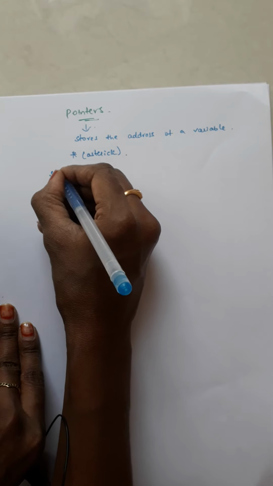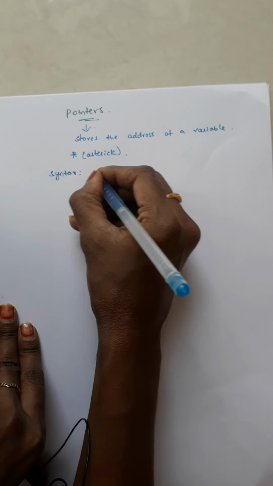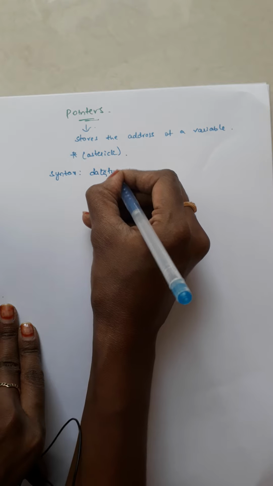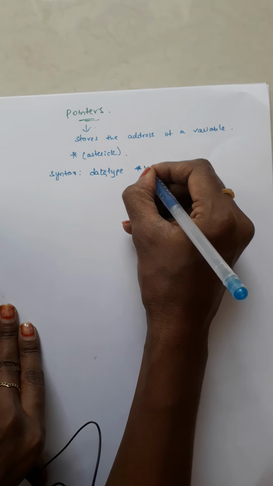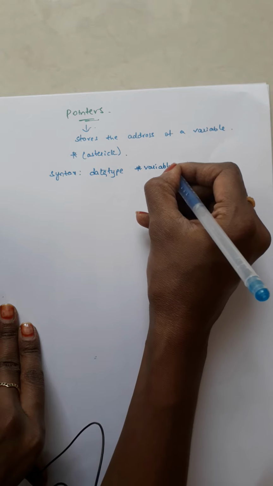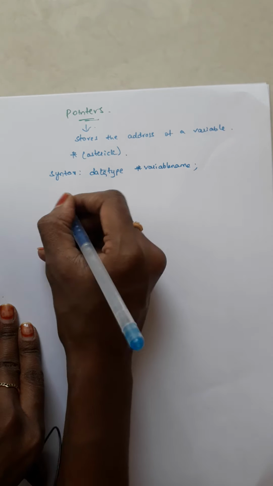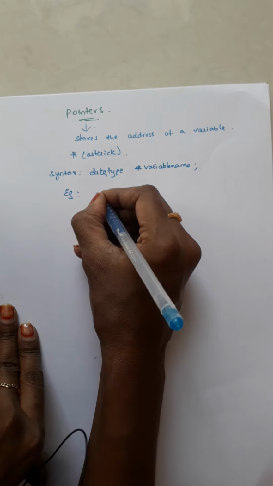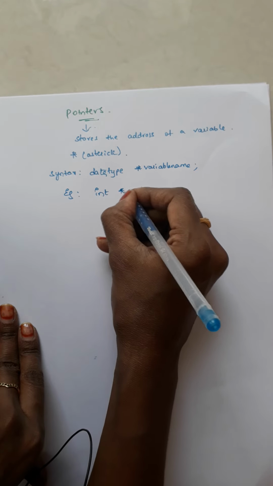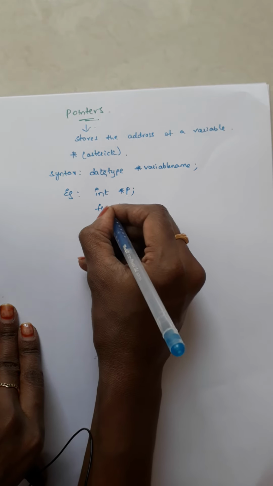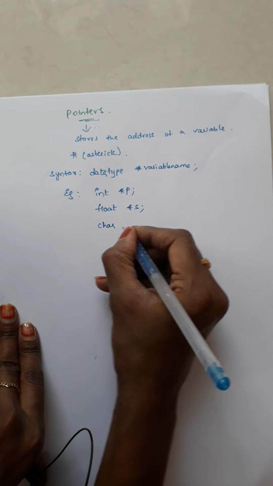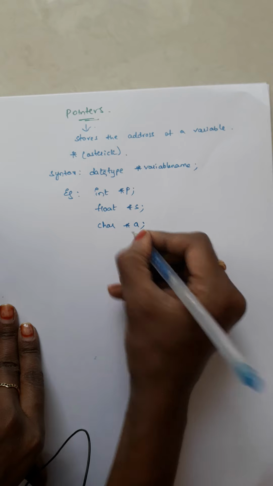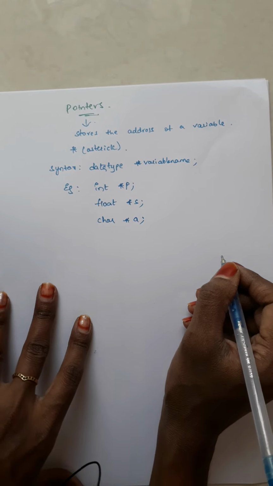The syntax to declare a pointer is data type, then the asterisk symbol, and next the variable name. For example, the data type is integer, p. If we use the data type float, or char a, like this we declare the pointer.